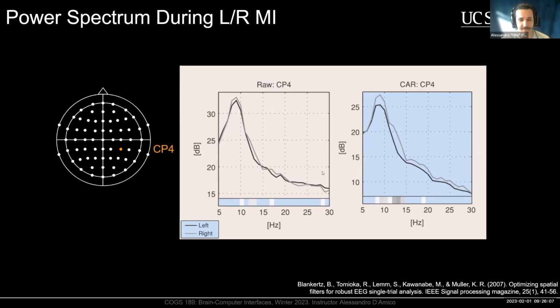So we could imagine that if we're going to take the average power between both of these classes, and then try to use that as a single value to determine which one is higher or lower, that the common average reference would do even better than the bipolar.